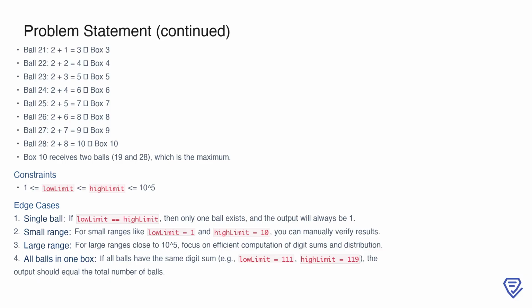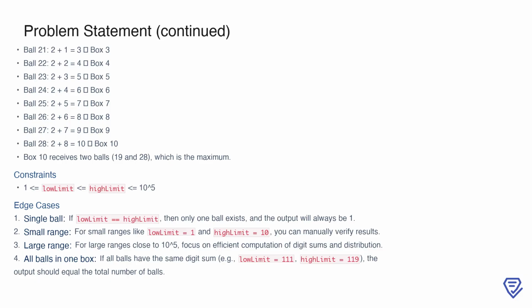Similarly, ball 21 has a digit sum of 2 plus 1, which equals 3, so it goes into box 3. Ball 22 has a digit sum of 2 plus 2, which equals 4, so it goes into box 4, and ball 23 has a digit sum of 2 plus 3, which equals 5, so it goes into box 5.